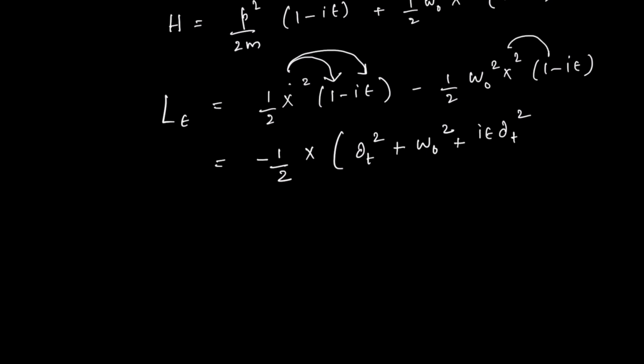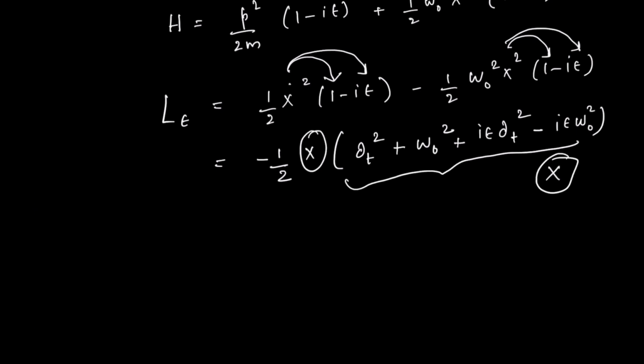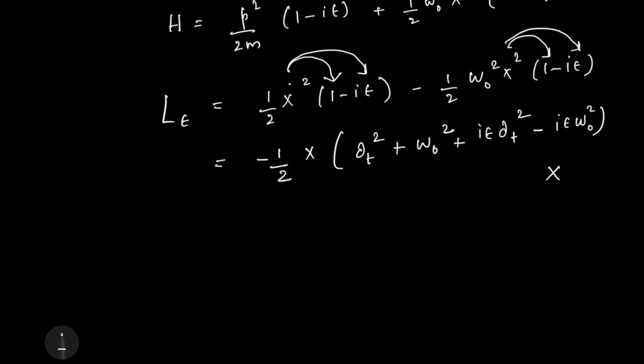Similarly here also I have to multiply inside and then take minus i epsilon omega naught square, and there will be an x outside. So here there is x, sandwiched by this object, and then there is x. So in between these two x you have a sandwiched term in the bracket, plus the total derivatives.